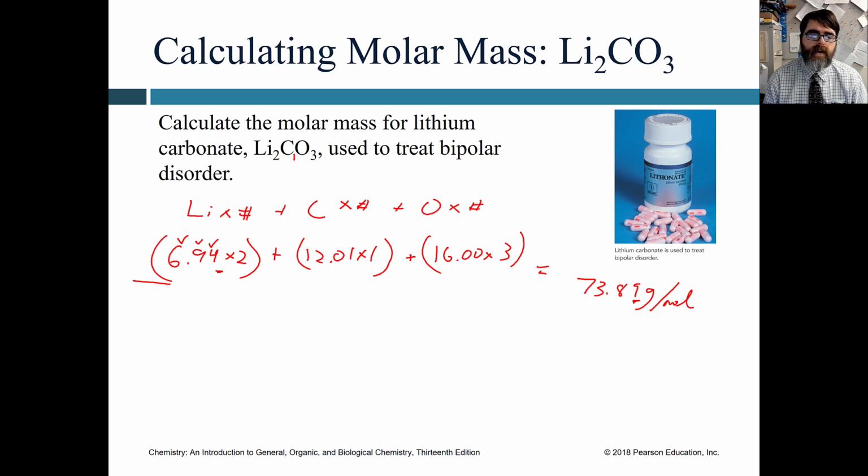We also don't let the numbers here limit us, the 2, the 1, and the 3, and that's because those are exact values. And so there is your molar mass of lithium carbonate. Now, your textbook goes through a much lengthier process to prove that this is actually a per mole, and yes, it is. You are certainly welcome to work it out that way. It might help with explaining why it is this way, but I think this method works just fine.